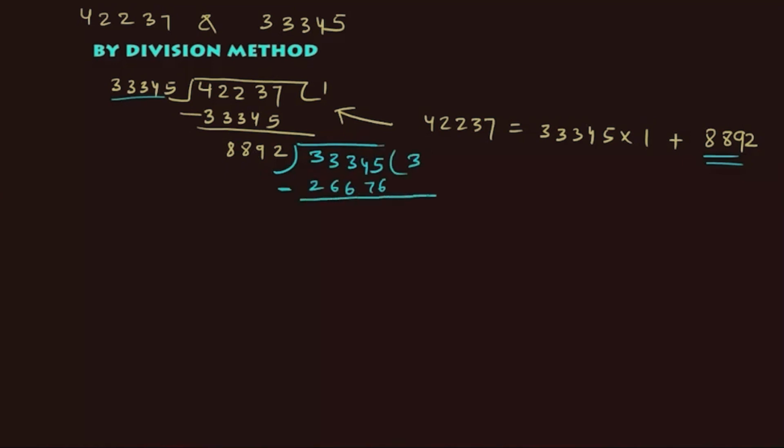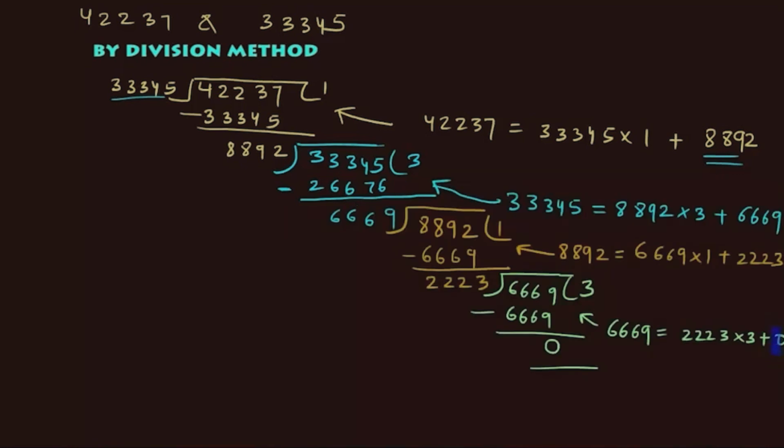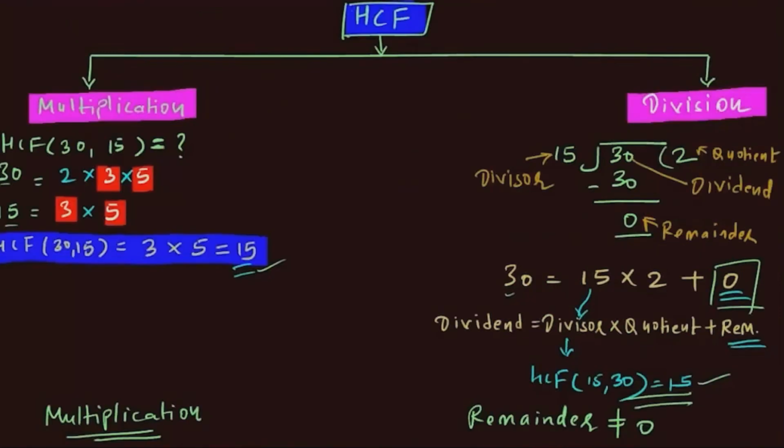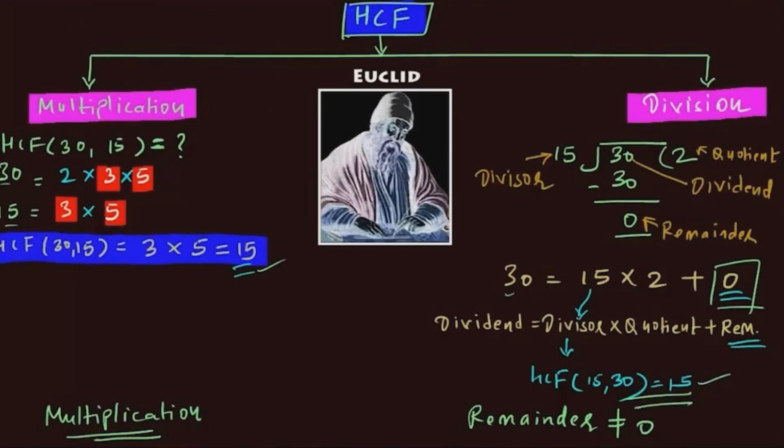Now when you divide, this will go 3 times. So let's keep on doing this until we get the remainder equal to 0. Finally, since the remainder is equal to 0, we can conclude that 2223 is the highest common factor of 42,237 and 33,345.